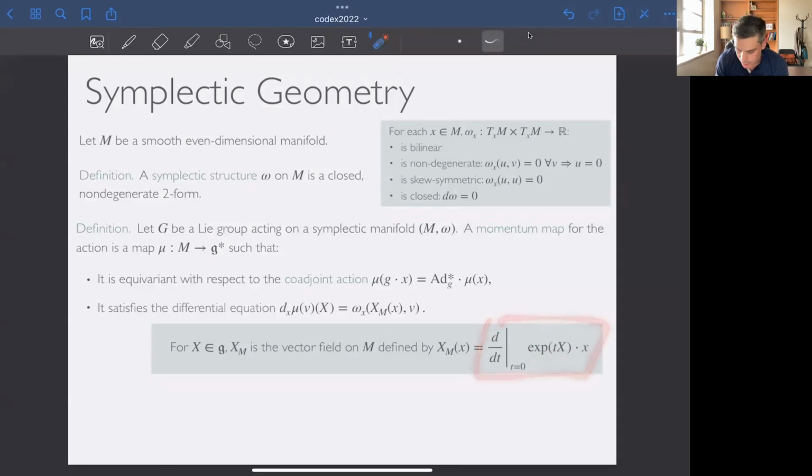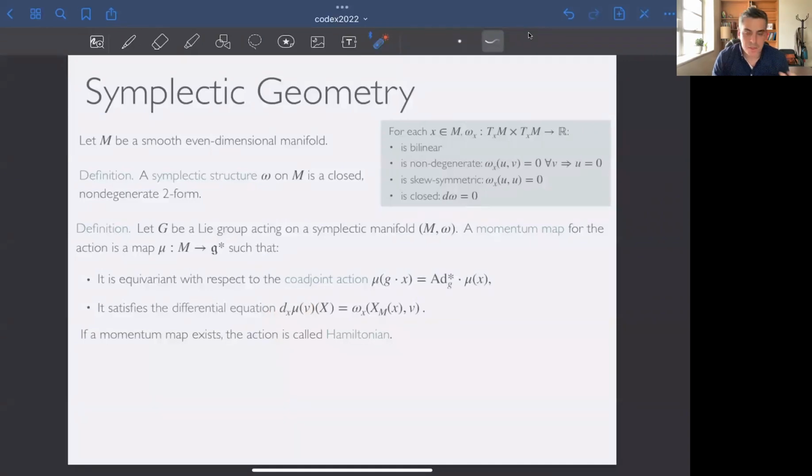Okay, and that's my vector at that point. Right, so on one hand, I can evaluate the symplectic form on an induced infinitesimal vector field and some other vector. On the other hand, I could take the derivative of mu at X, apply it to V. Okay, so then the resulting thing lives in the tangent space of G star, which is just G star. So then I can apply that to an element of G and I get a real number, and then I want these things to be the same.